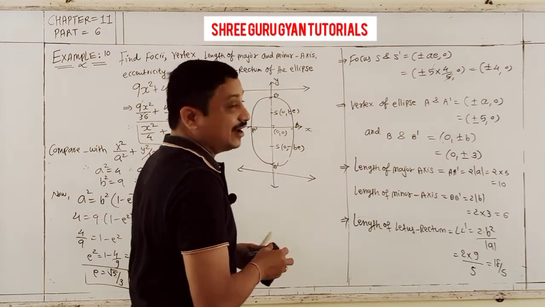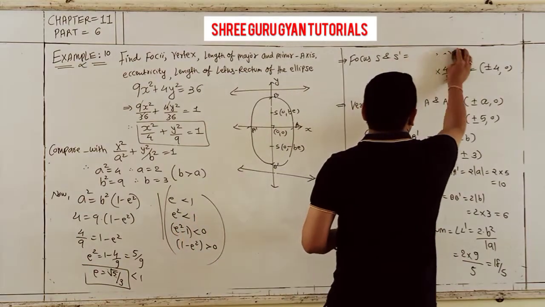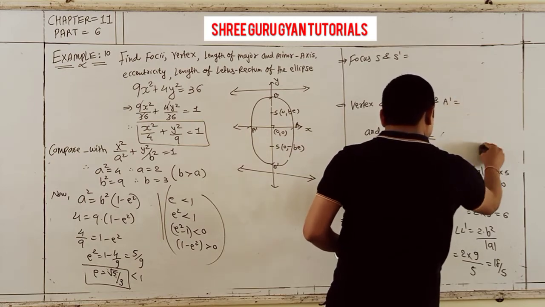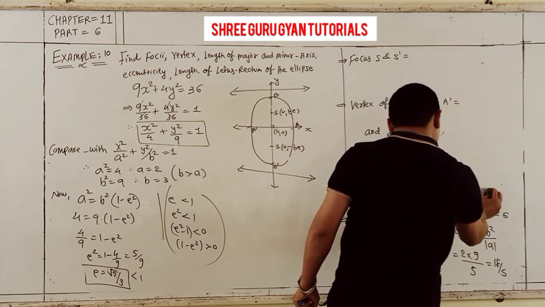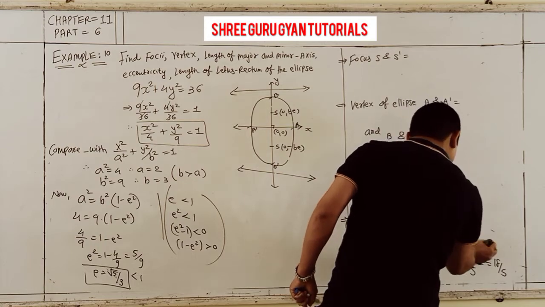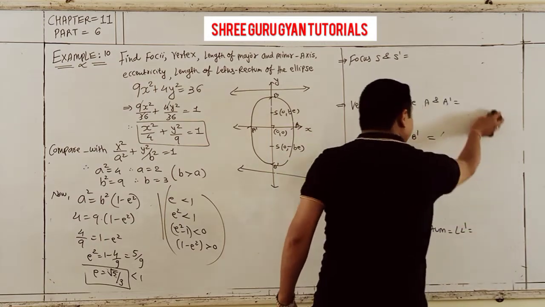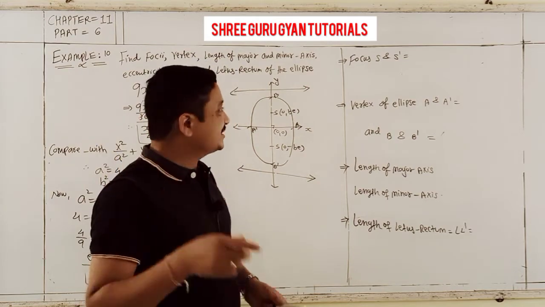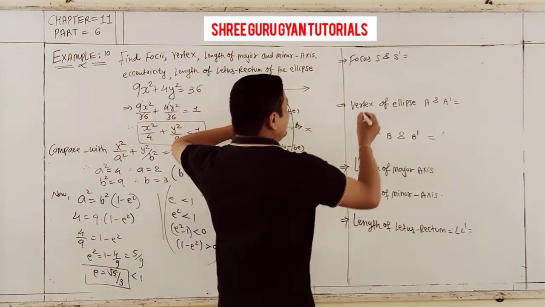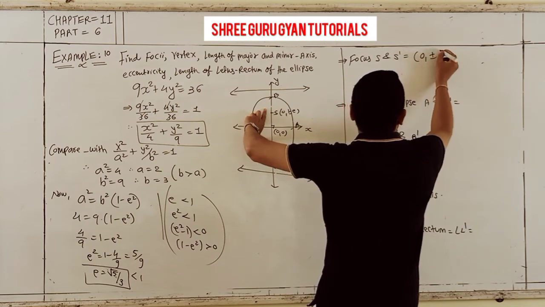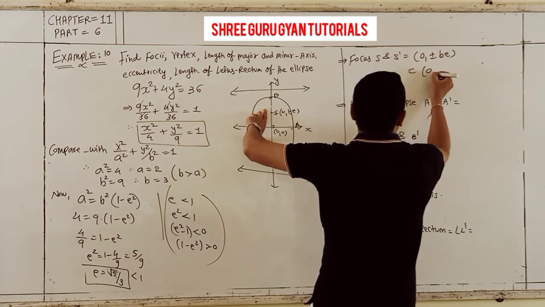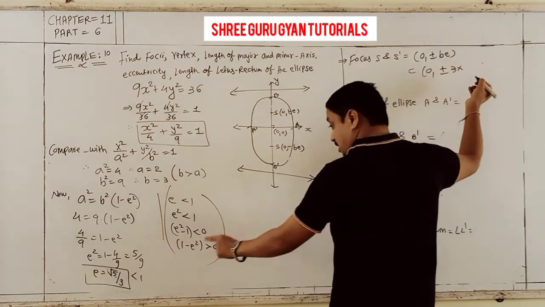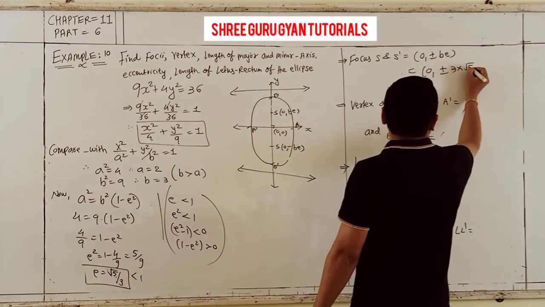Now I am going ahead to our foci. Yes students, focus, vertex of ellipse, and after that length of major axis, length of minor axis, and latus rectum. All points are the same, only the formula changes. Now foci S and S dash, you will get 0 comma plus or minus be, 0 comma plus or minus, what's your b? 3, but e is root 5 by 3.